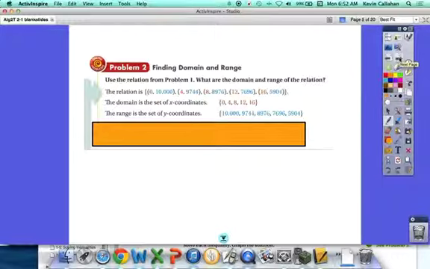Again, this is a set of ordered pairs, and notice the curly brackets on either side. Those are set brackets. So it means that what's inside is going to be the same thing in a list separated by commas. So here's our ordered pairs. And they've highlighted in red the X coordinates, which make up our domain. And our Y coordinates are in blue, and they make up the range.